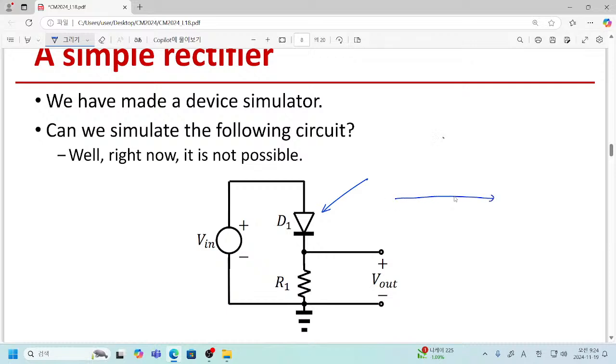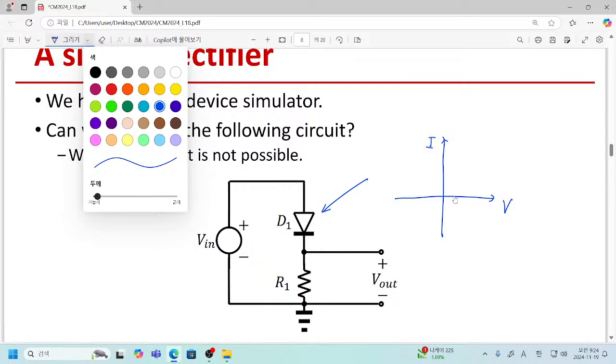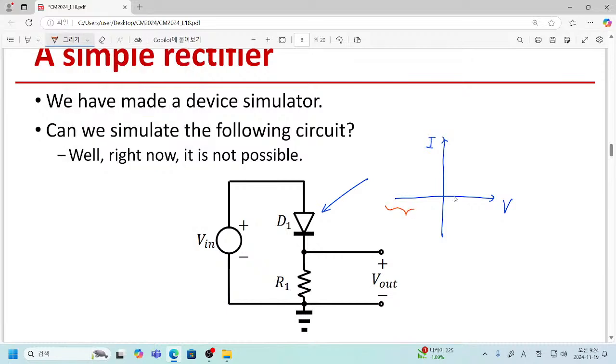Diode shows a certain rectifying IV characteristic, I of V. If you apply negative voltage to this diode, then the current is really negligible, quite close to zero.